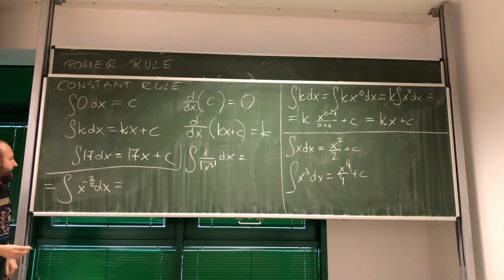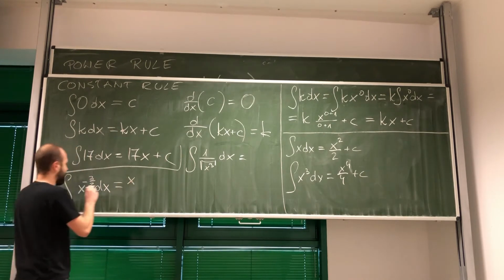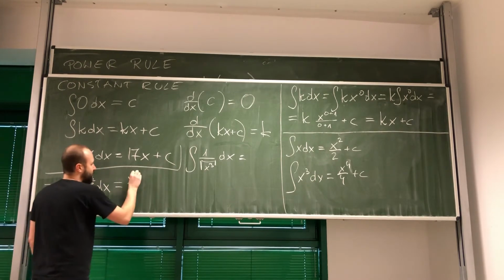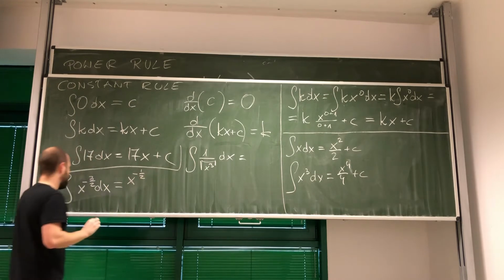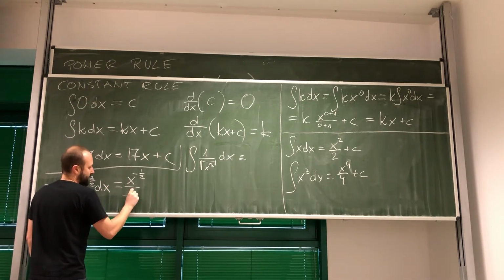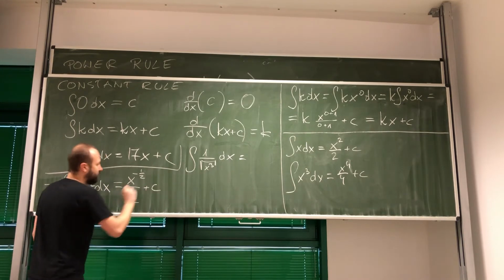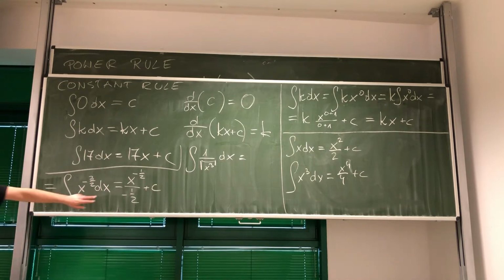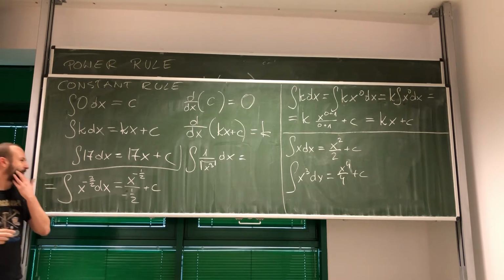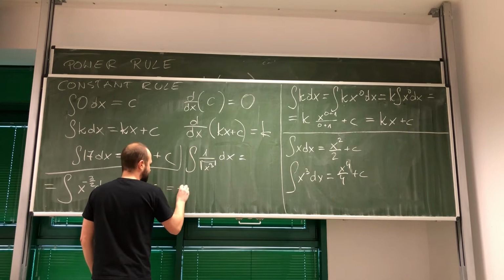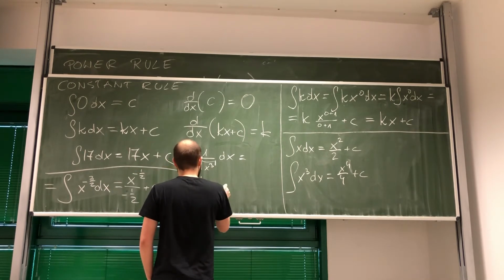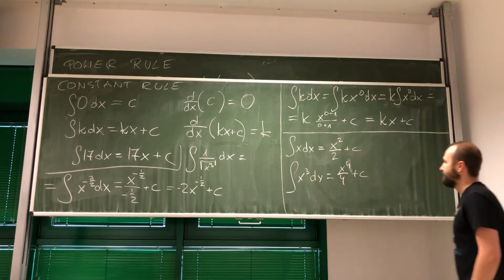Look, first, I need to have x, and to the power of x, I need to add 1. So I'm going to have x to the power negative 1 over 2, and this divided by negative 1 over 2 plus c. So look, if I'm dividing by negative 1 over 2, I'm getting negative 2 up front. Negative 2x to the power negative 1 over 2 plus c.